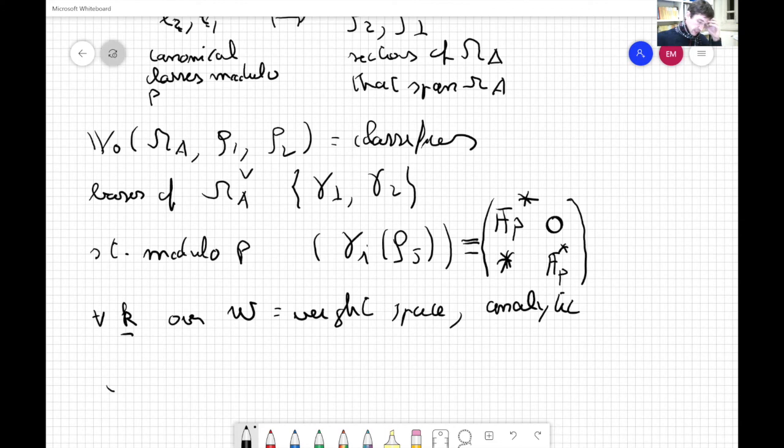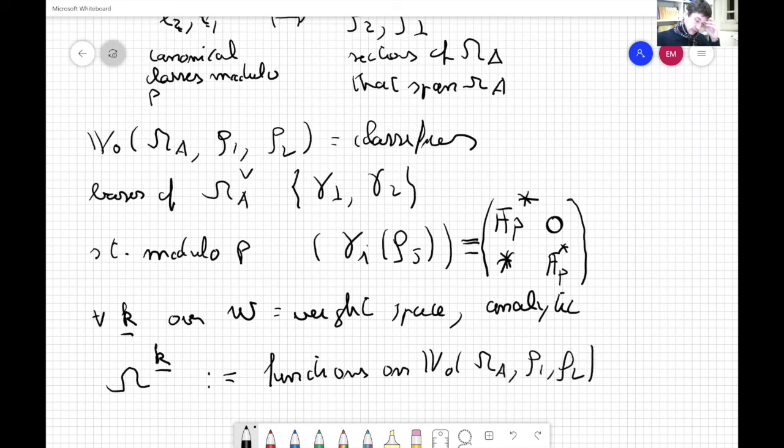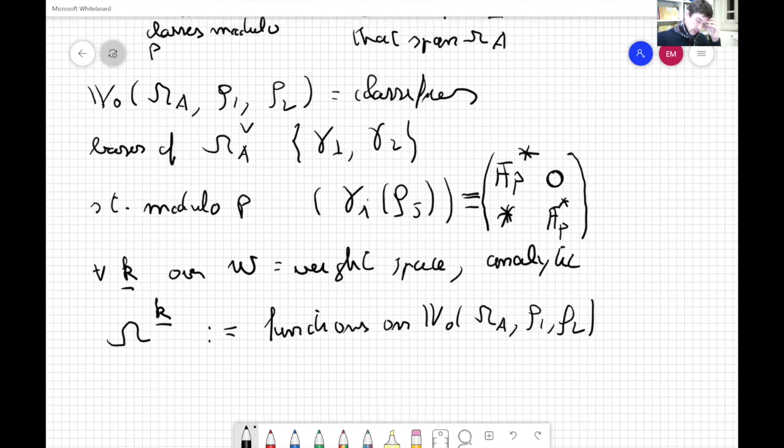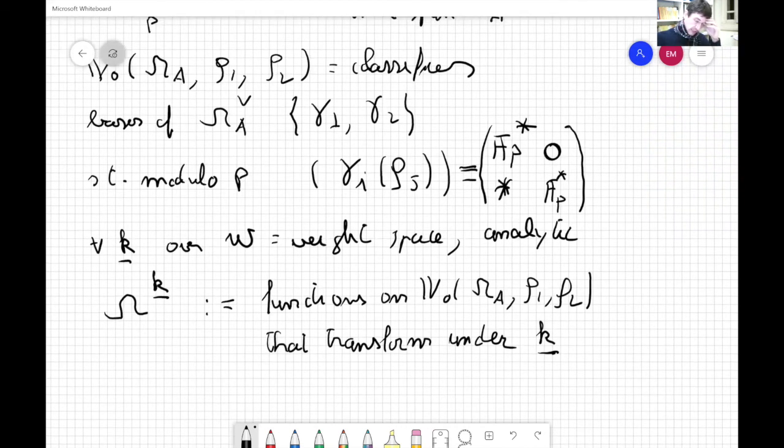You can define omega^k to be the functions on V_0, omega_A, rho_1, rho_2, that transform under this character k, that now, remember, is not an algebraic character, but it's still an analytic character of the Iwahori, actually.